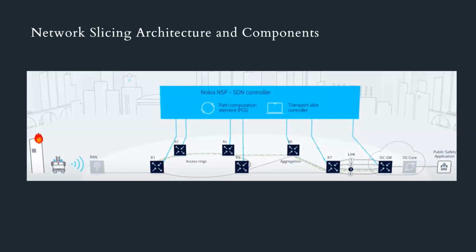Such kind of information is updated to the SDN controller. The SDN controller will therefore, based on the data, decide the optimal route or the optimal path to forward the data in this transport network.